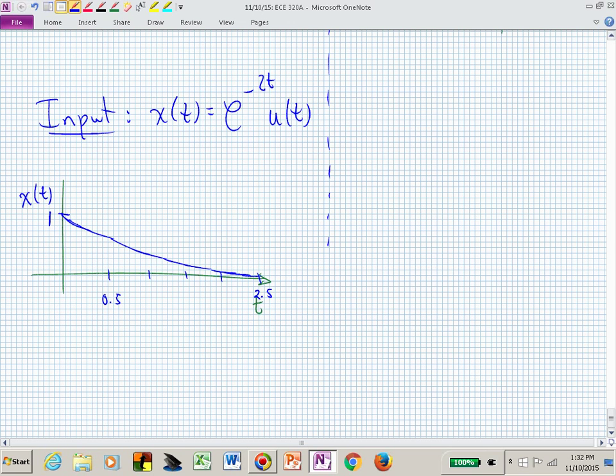What's the S-plane plot of this input look like? If you now Laplace transformed little x of t and generated capital X of S, what would you find?